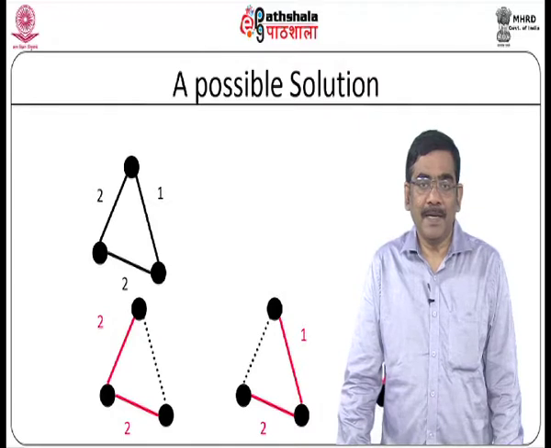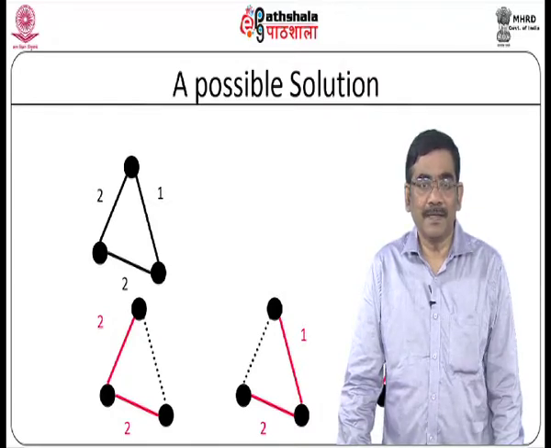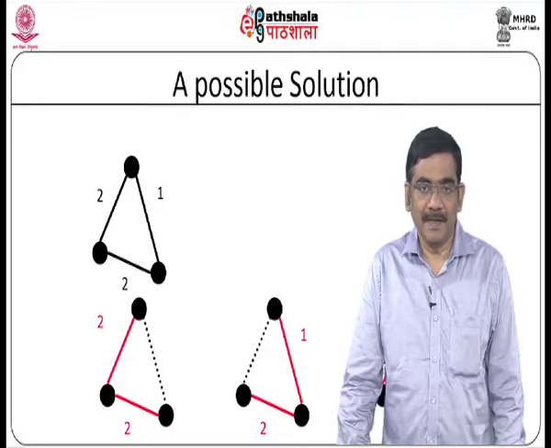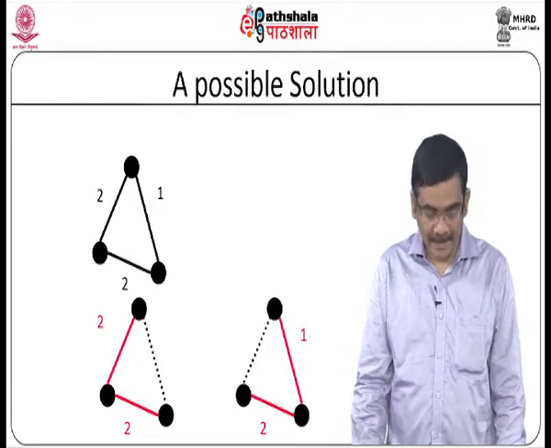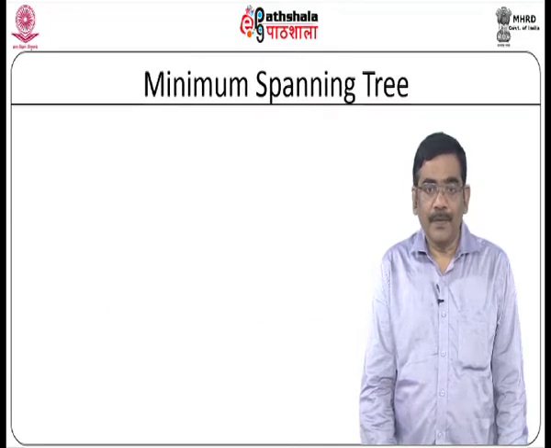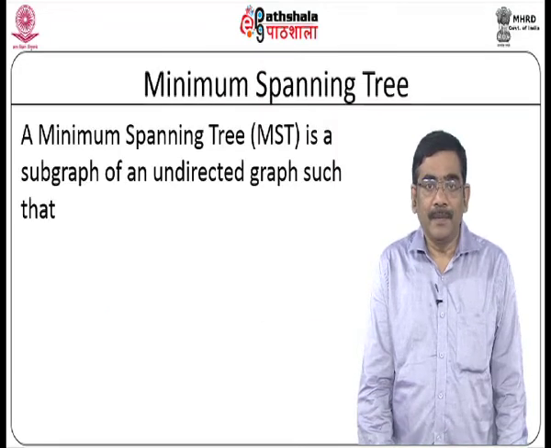So, any spanning tree where we are getting the minimum cost is what we are calling as the minimum spanning tree, in short MST, or as some authors refer, minimum cost spanning tree, MCST, both are right. So, you can put everything into a nutshell.